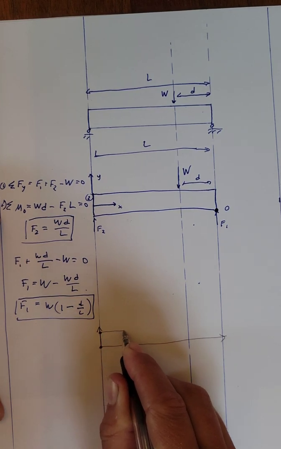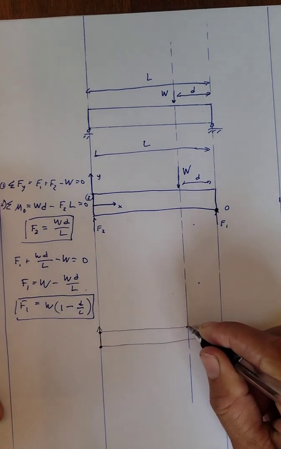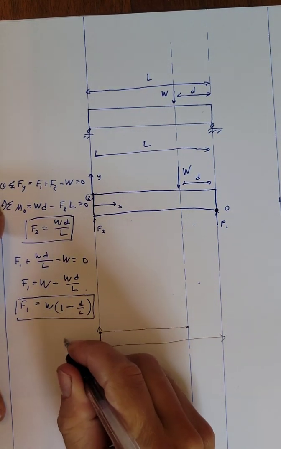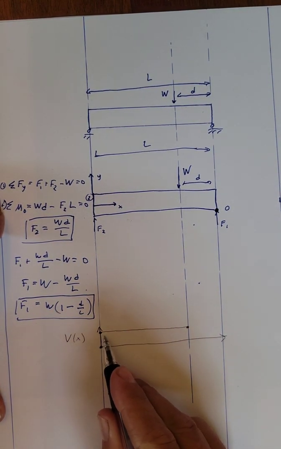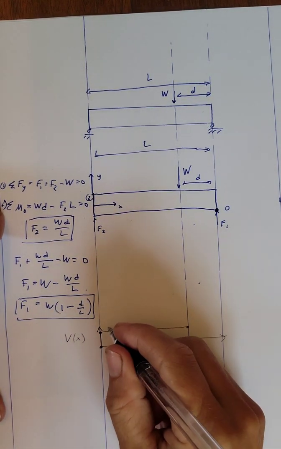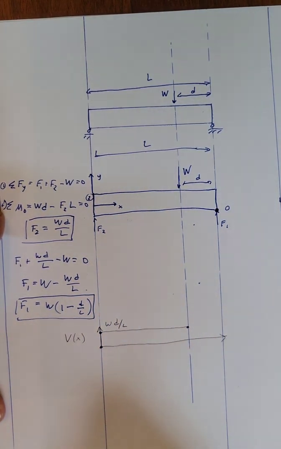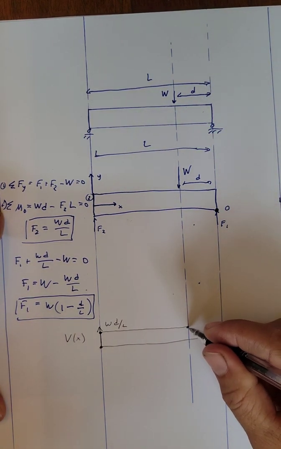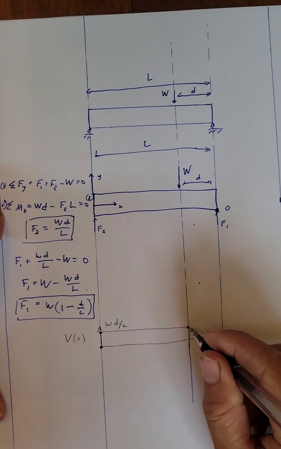That will remain constant. The shear force in the section of this will remain constant until we hit our next application of load. So the magnitude here, again, this is shear force as a function of x. The magnitude here is going to be WD over L. And we're going to go up to the point of the weight. We will actually jump down the magnitude of the weight.